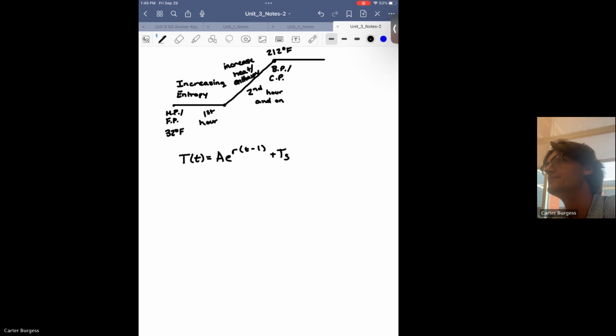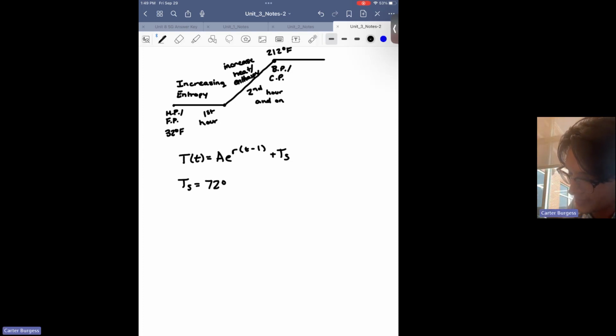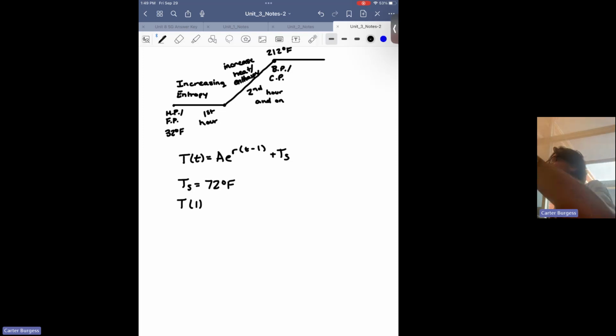All right. What is T sub s? This is 72 degrees. And then what is our initial temperature here? It's kind of like T sub 0, but really we want to think about this as T of 1, which is where we actually begin. Kind of like yesterday, how we began when the old model was at 2 hours.